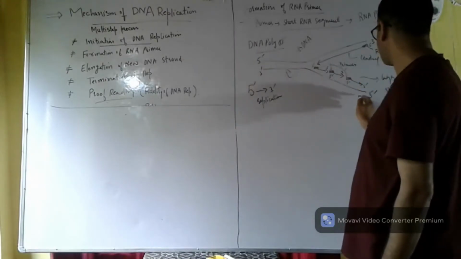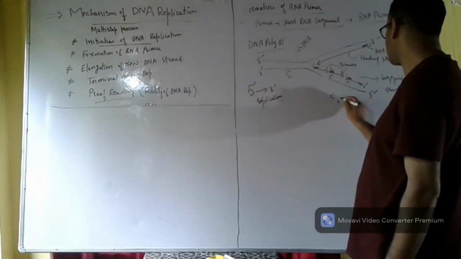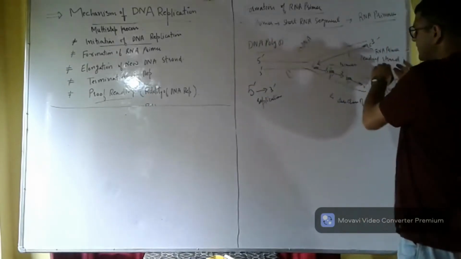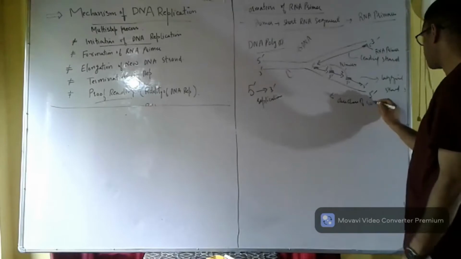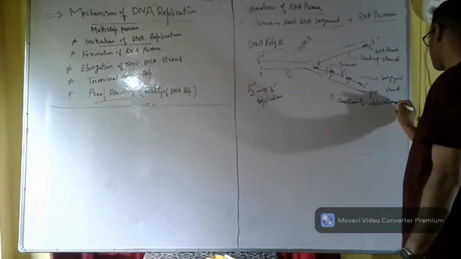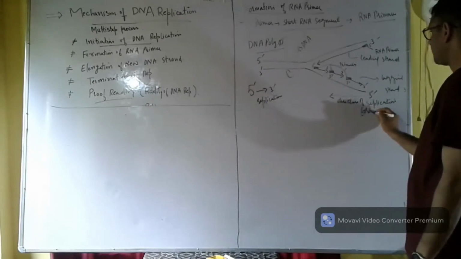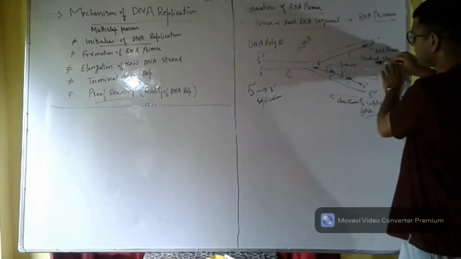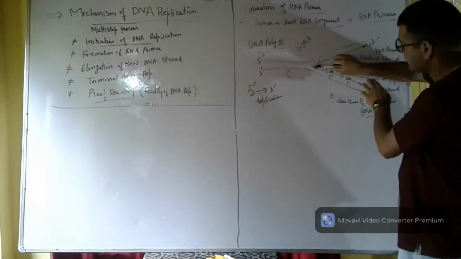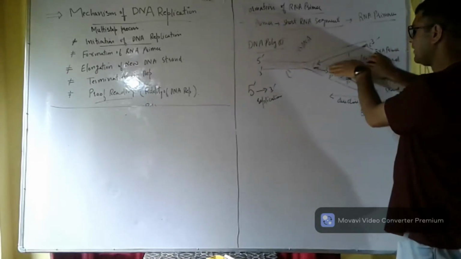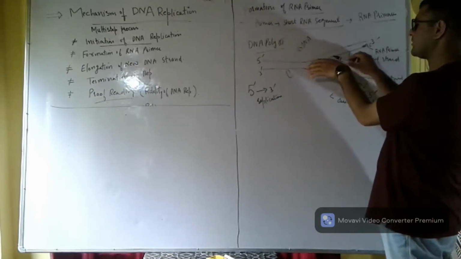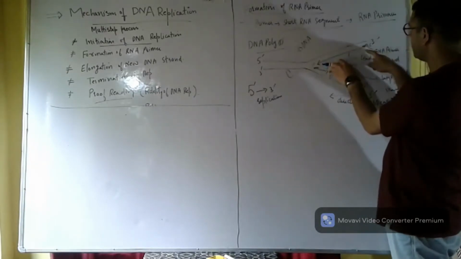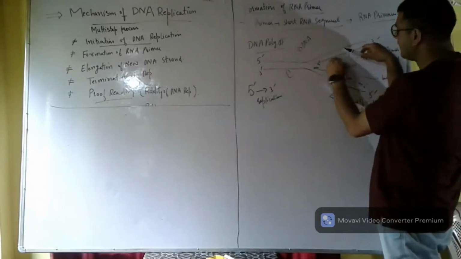This represents the direction of the replication fork. That means replication will go in this direction, and that is called the replication fork direction. And one strand is synthesized in the replication fork direction. This is the leading strand.